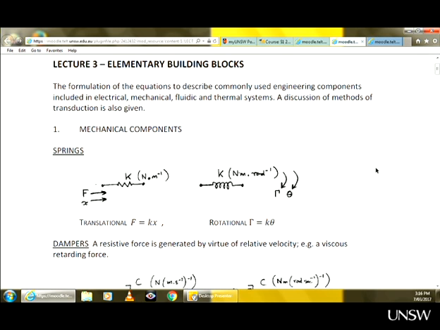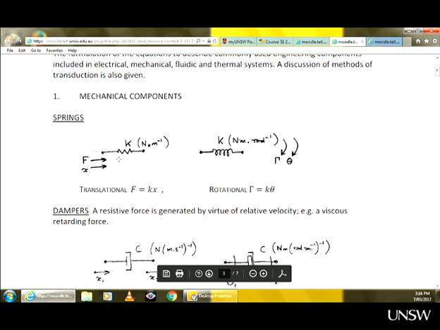When you see a spring, for example, so when I say the differential equation describing this spring is F equals k times x, you will say, of course. What's new here? Why are you lecturing this? But you will see later. This is actually the differential equation describing this particular device called spring.